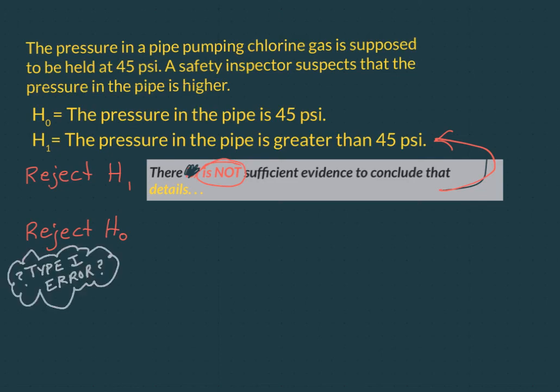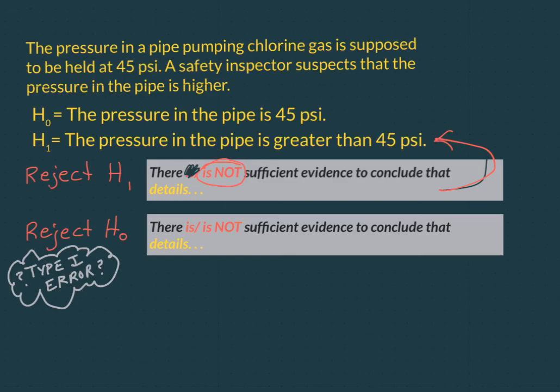I would like for you to reject H naught. Notice that effectively means you are accepting the alternative hypothesis, and you can do that. You can say there is sufficient evidence to accept it, but it's easy to get confused that way. Better to look at it as either there is or is not sufficient evidence to conclude whatever.